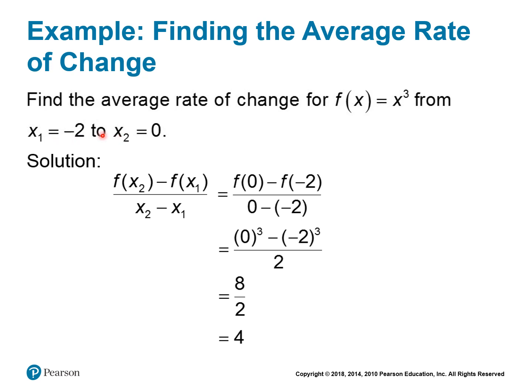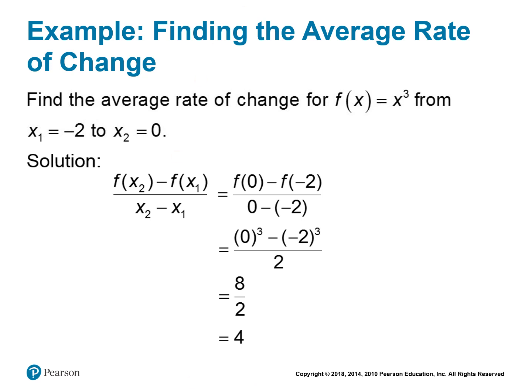We are given two x values and the corresponding equation of the function. But like I said before in the previous slide, in order to find the y values, all you have to do is evaluate this equation for x1 and then for x2, and you'll get the corresponding y values. So let's do that here.